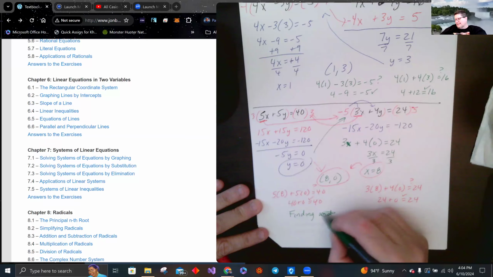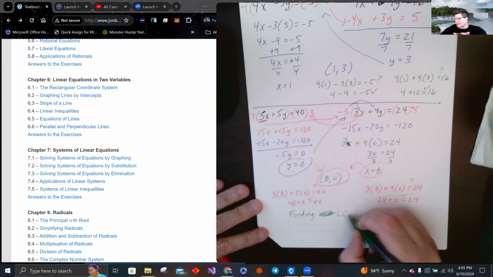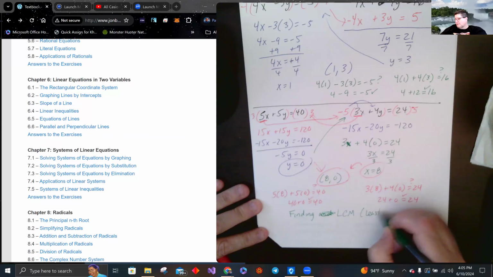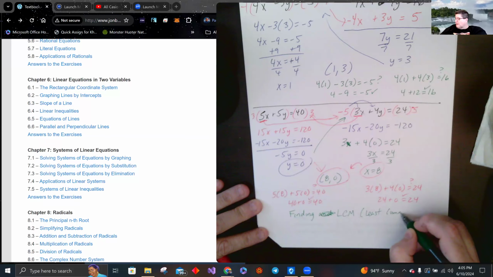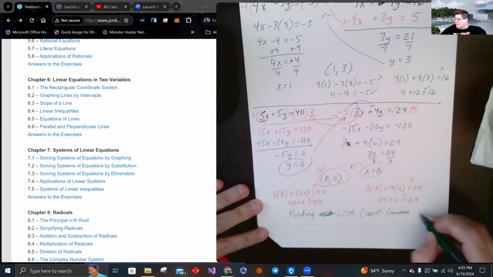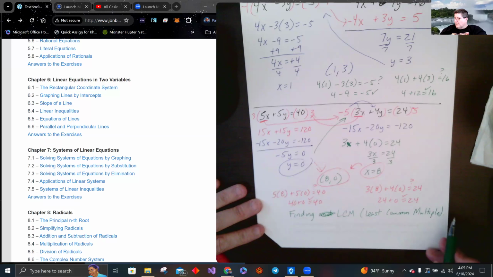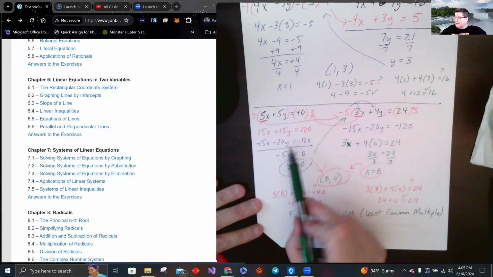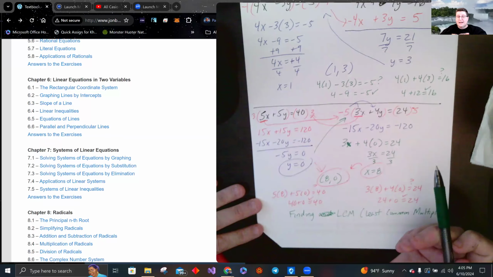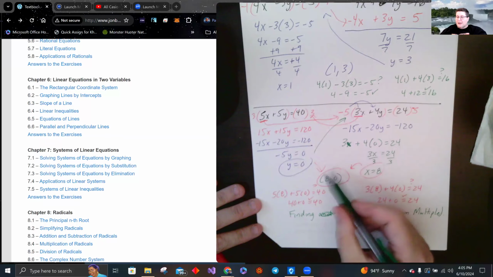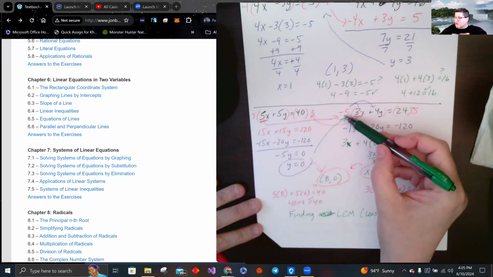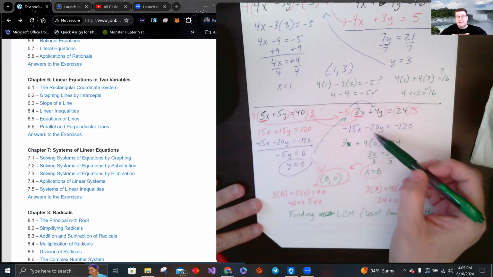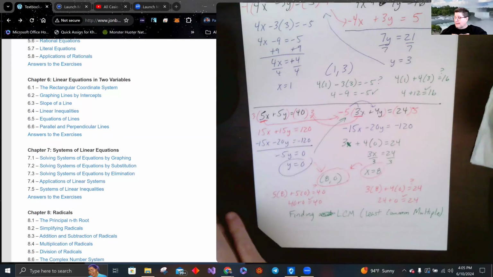Or not LCD, but LCM, least common multiple. And then that's what I aim to get. So I multiply each one by the other one's value. And then I made one of them negative so that they would be opposite. Okay.